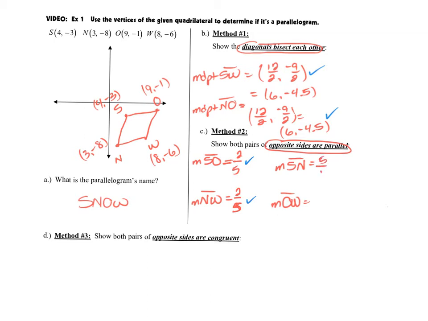And 4 minus 3 is a 1, so that becomes a 5. For OW, I'm going to have -1 minus -6, it's going to be 5. 9 minus 8 is 1, and that also cleans up to 5. So this turned out exactly as we wanted it to. Both pairs of opposite sides were parallel. So that would be another method, if you were given a choice, that you could do.